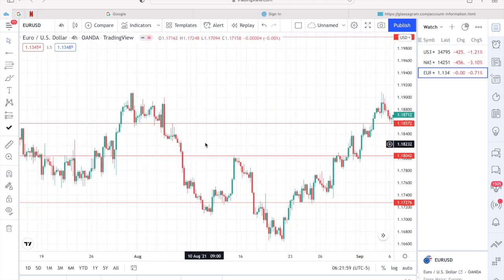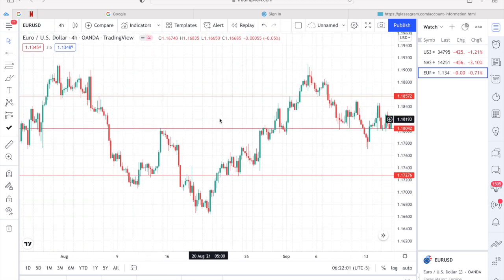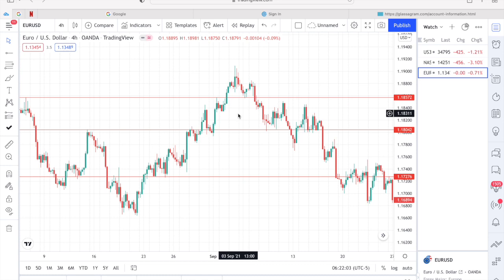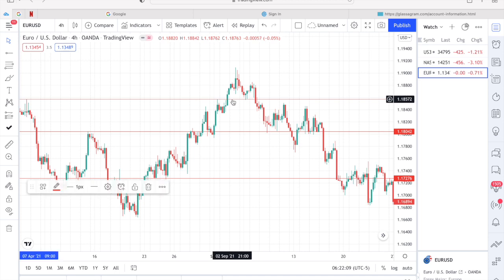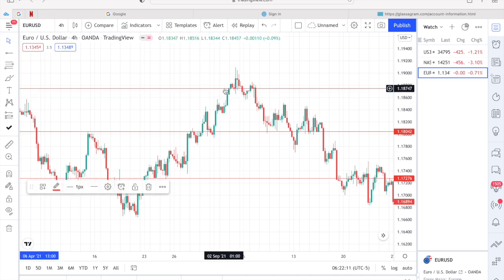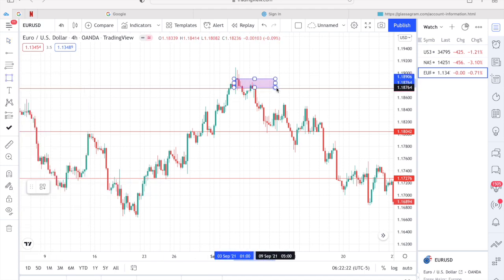Let me look for another one. Okay, can you see here? Price went below, it came back, and it went down. That's a bearish order block. Let me just draw it for you here. Can you see? It went in here and it went down.